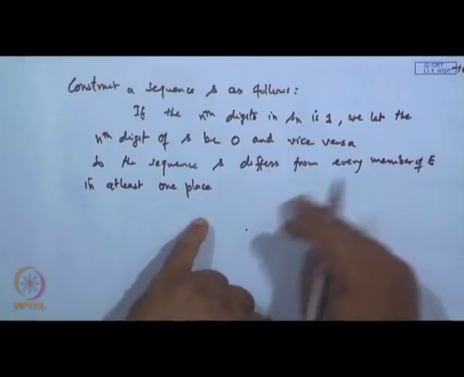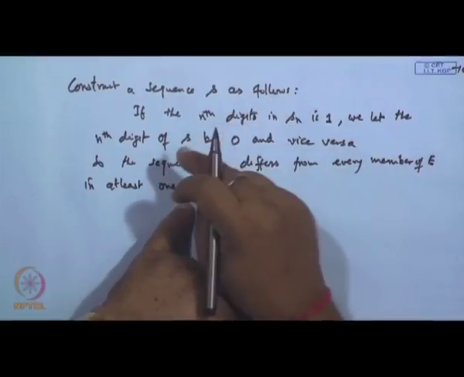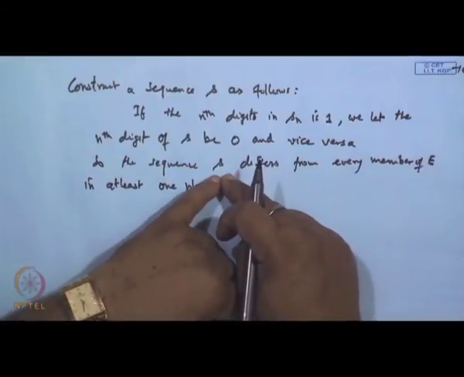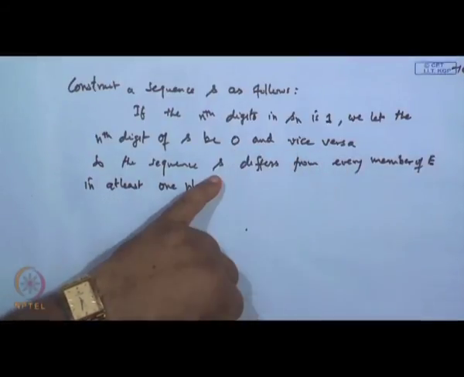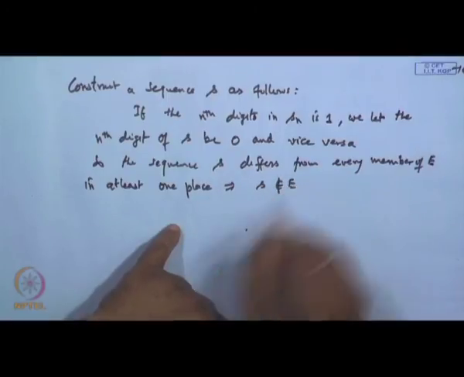Once it differs from each element, and E is already countable, since we have arranged the terms in the form of a sequence S1, S2, ..., Sn, and S does not coincide with any one of the terms, this implies that S is not an element of E.